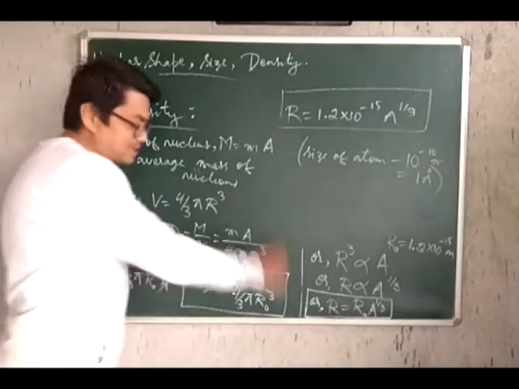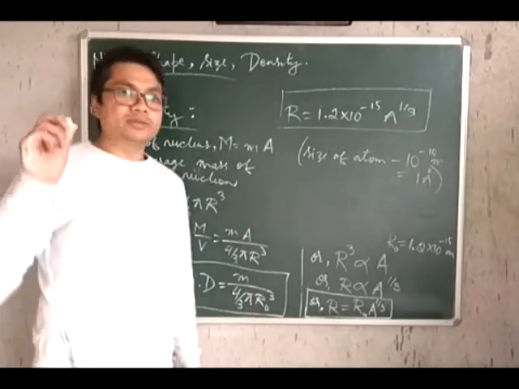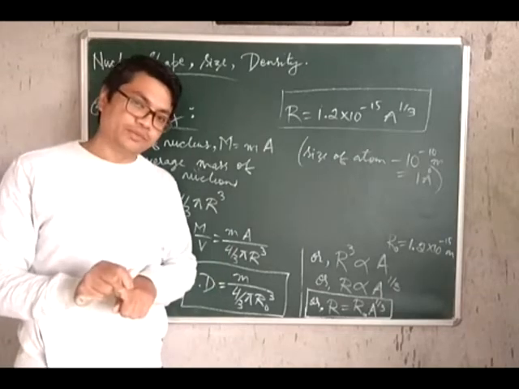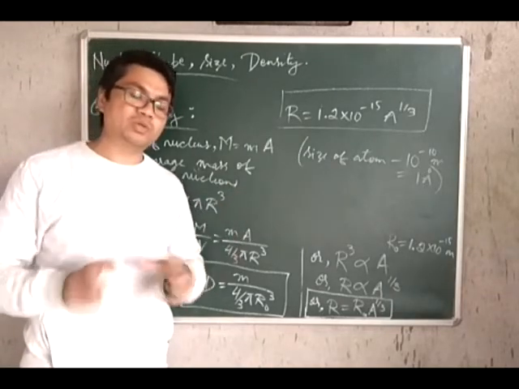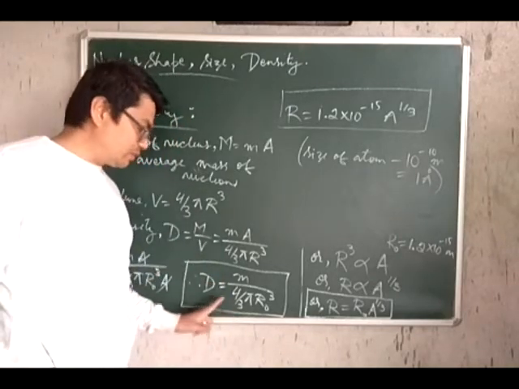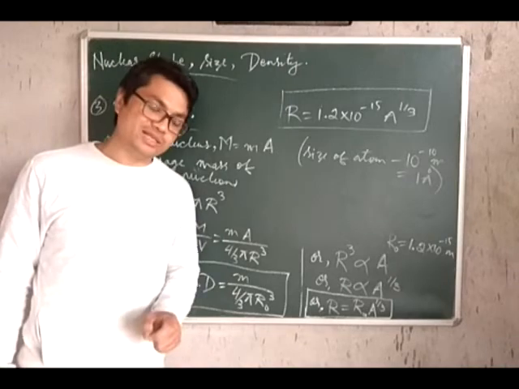Okay, so what do we understand from here? What we understand is the density of the nucleus is independent of the mass number. The number of protons or neutrons has no role to play whatsoever with regard to the density of the nucleus.